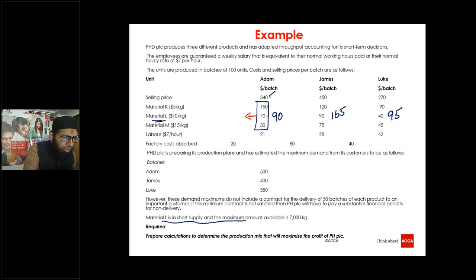Adam costs $70 and each kg of material L costs $10. That means we require 7 kg for Adam. Similarly, 9 kg for James and 4 kg for Luke. Now if I divide the throughput by this value of 7, it will be how much?